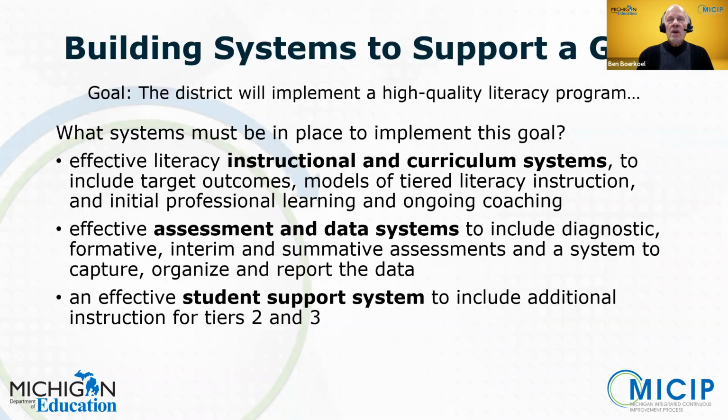The second approach to systems goals is to really build the systems to support another goal. So in this case, our goal is around a high quality literacy program. We ask, what systems must be in place to implement this goal? And again, we need to have instructional and curriculum systems, or assessment and data systems, student support systems, and others as well.